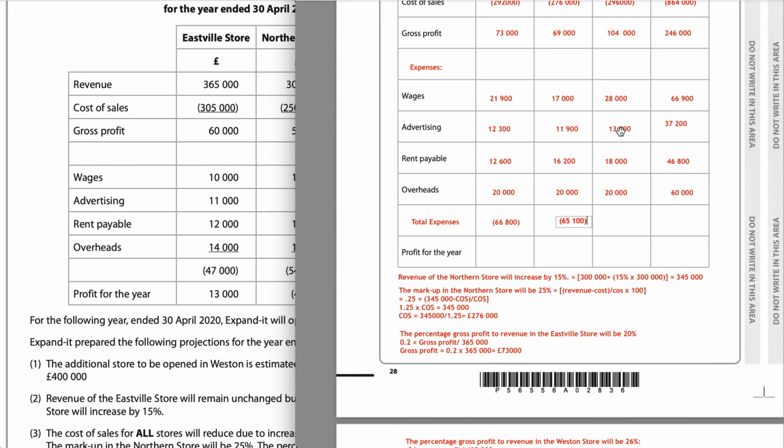The third one is 28,000 plus 13,000 plus 18,000 plus 20,000, which is 79,000. Let's add up the total: 66,800 plus 65,100 plus 79,000 comes to 210,900.